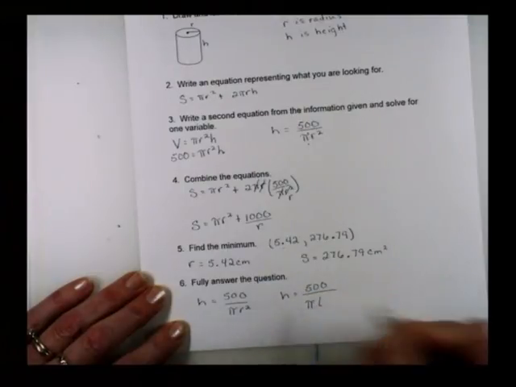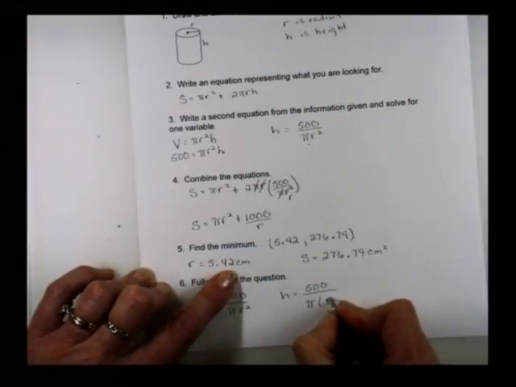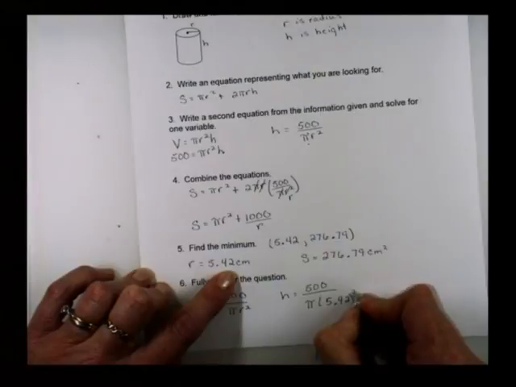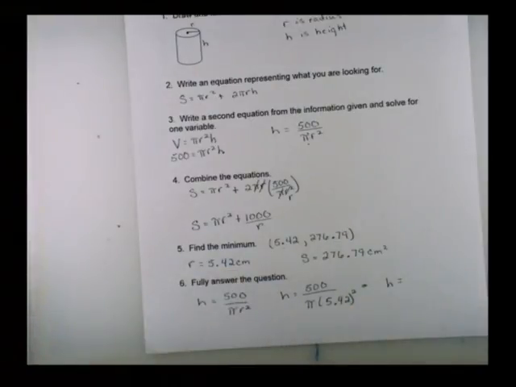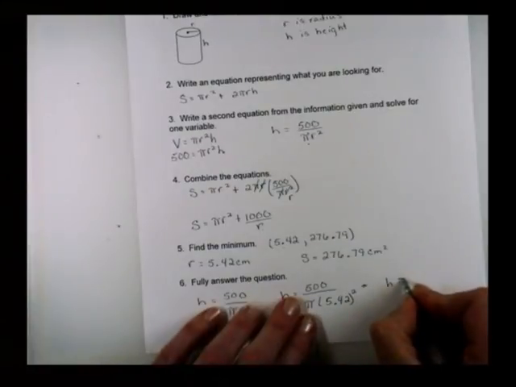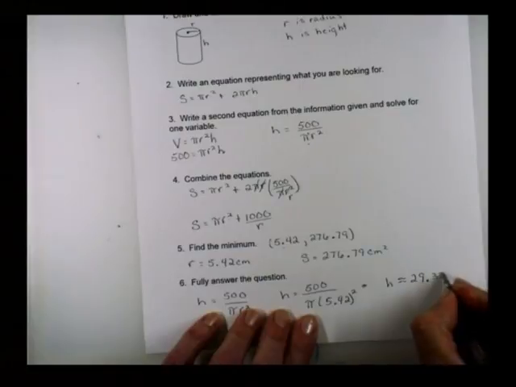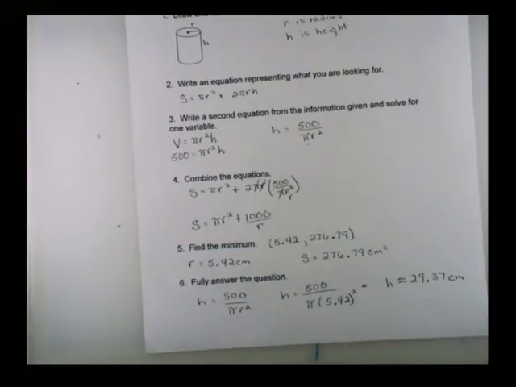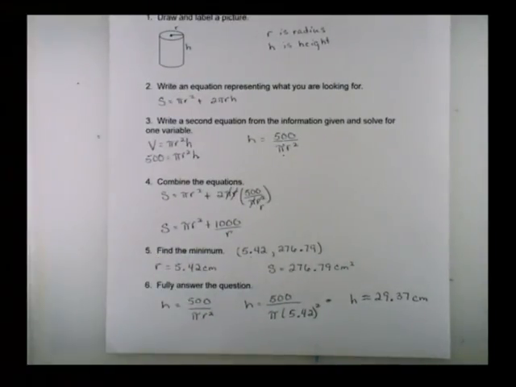If you keep it in your calculator though, instead of plugging in the rounded value like I'm going to do, you'll end up with a more accurate answer. And once you work that out, we find the height to be approximately 29.37 centimeters.